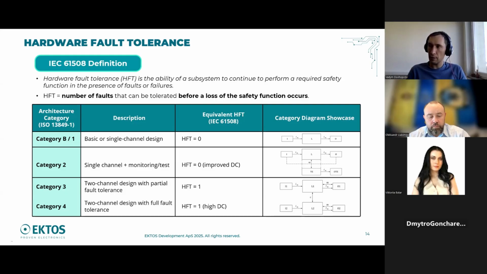It can detect, it is much better than category B or 1, and could provide the safe state when a fault is detected, but still a dangerous fault is not covered here. Categories 3 and 4 can withstand one dangerous fault because you have 2 independent channels, and if a dangerous fault occurs in one channel, the other one can still keep operating correctly and can provide the safe state.